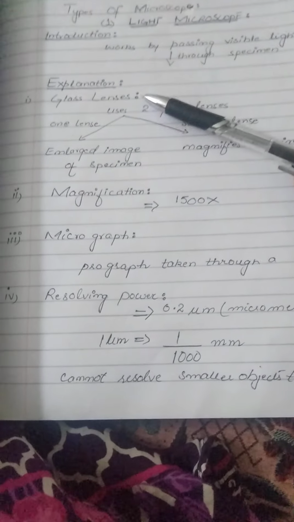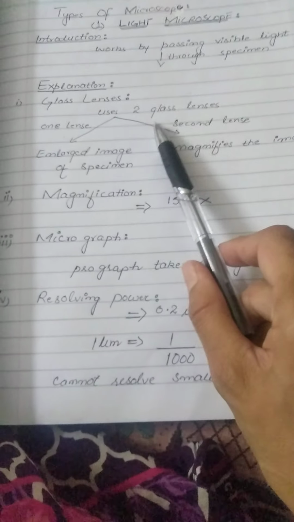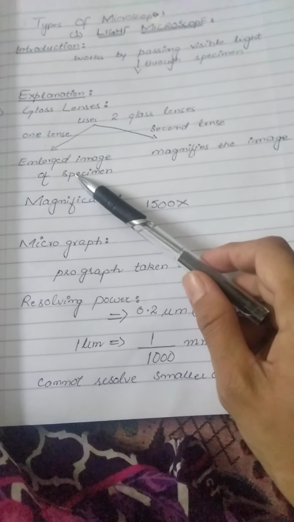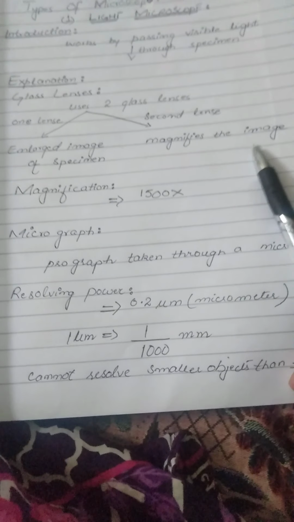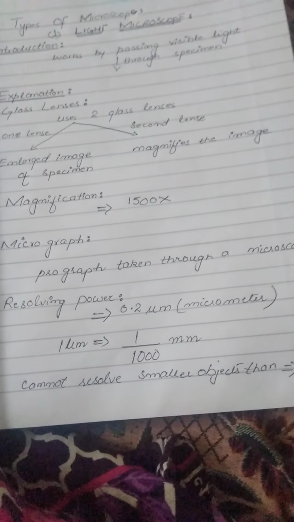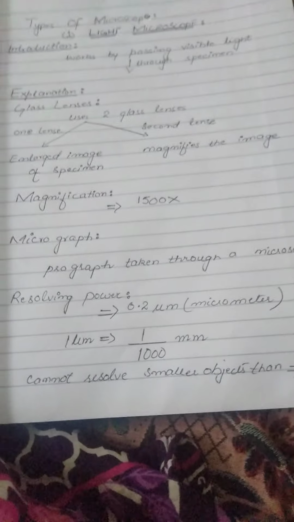In explanation, we have first thing, glass lenses. In light microscope, we use two types of glass lenses. One lens produces an enlarged image of the specimen, and the second one magnifies the image and projects it into the viewer's eye or onto photographic film.